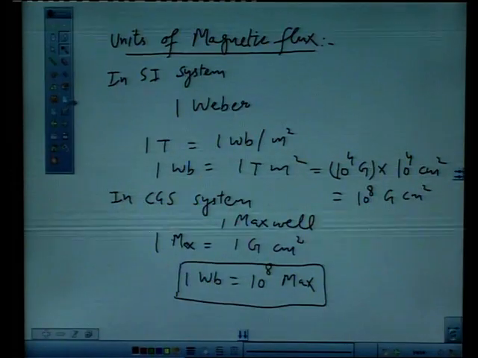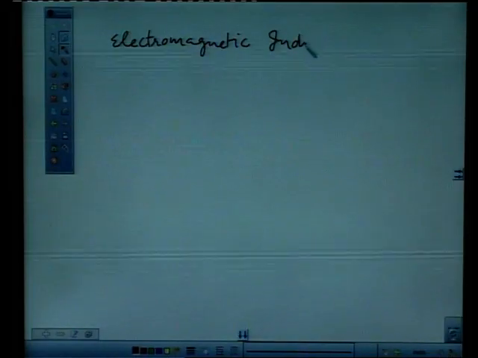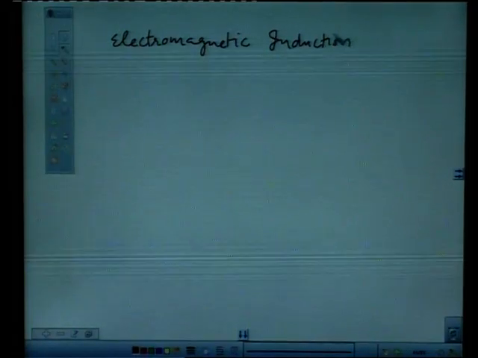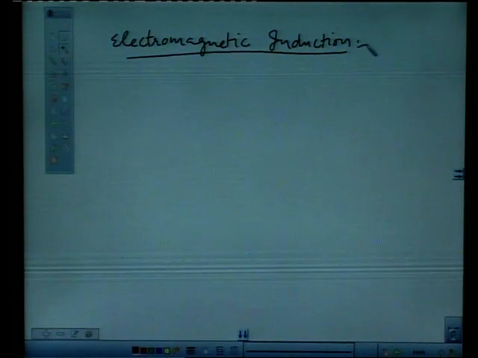Now, the next is electromagnetic induction. Firstly, we will draw a diagram.